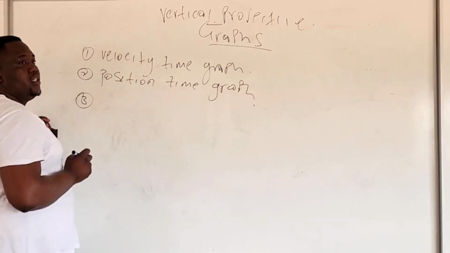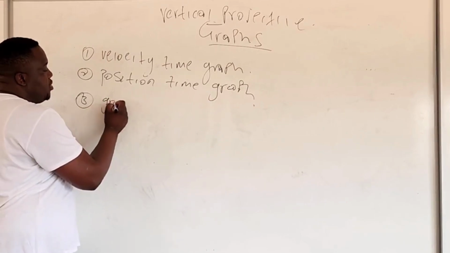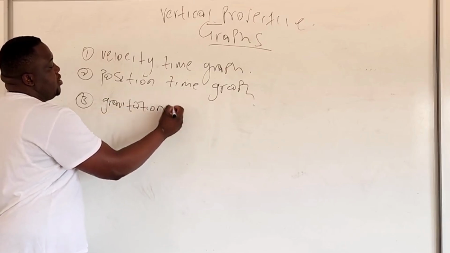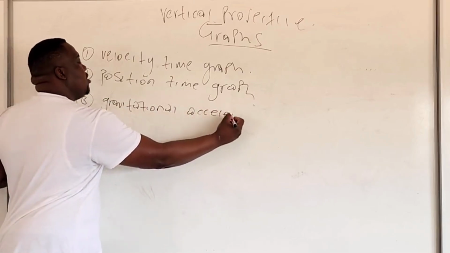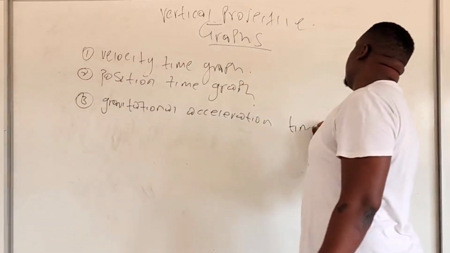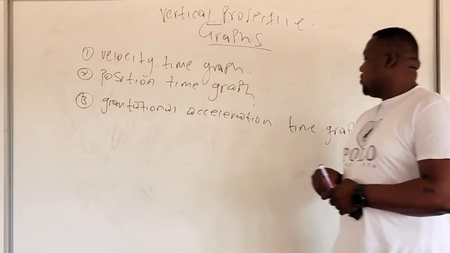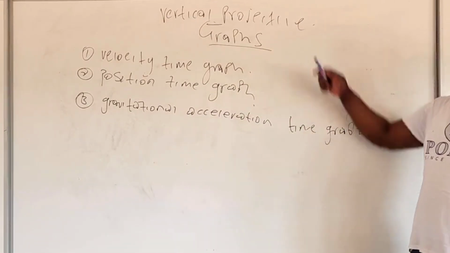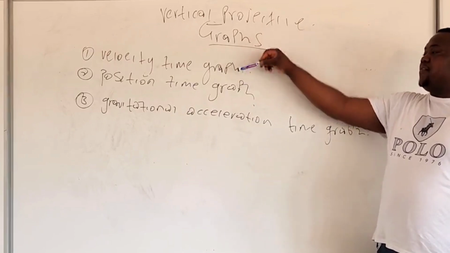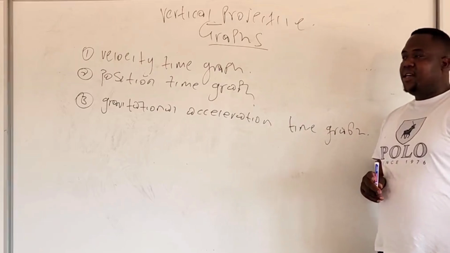Then the last graph is the gravitational acceleration time graph. So we are going to touch on three graphs, namely the velocity versus time graph, the position time graph, and the gravitational acceleration time graph.